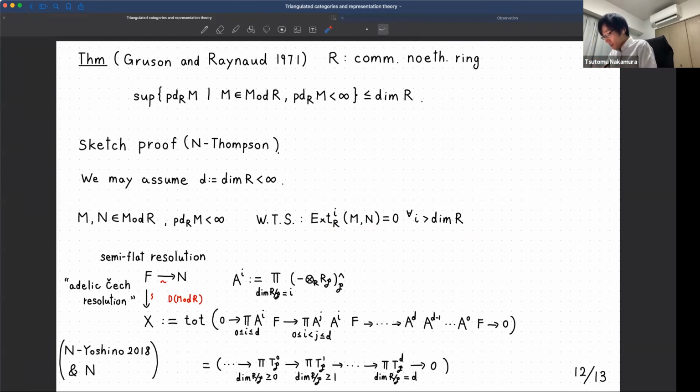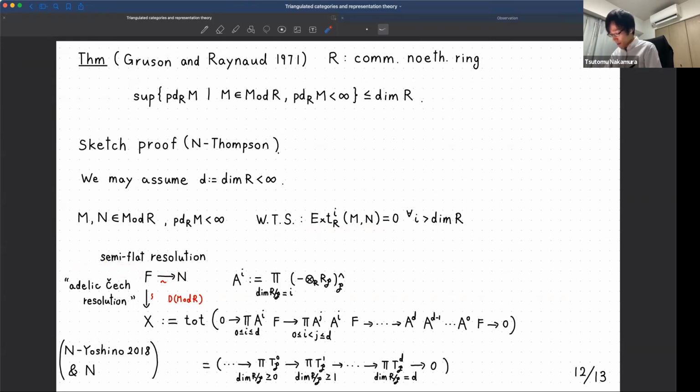Okay, so we first take a semi-flat resolution of N. Somehow we consider a semi-flat resolution of N, not M, first. So this is the classical flat resolution, the flat resolution in the classical sense.